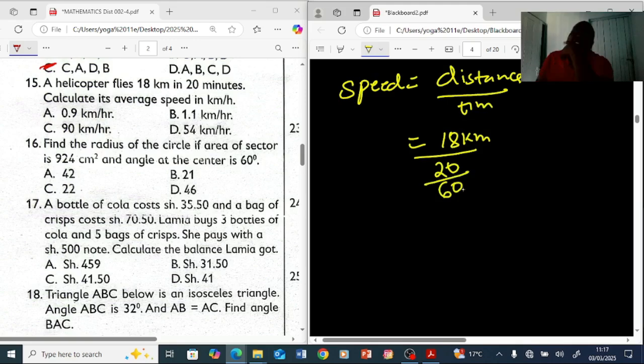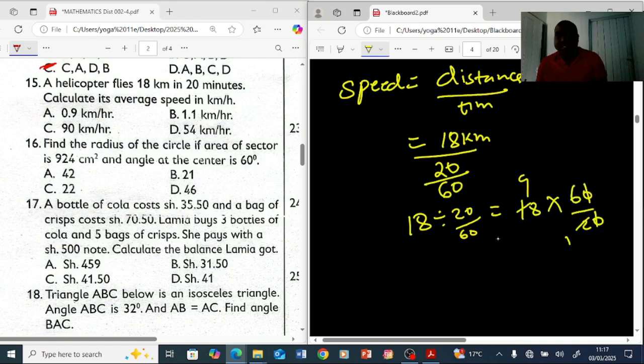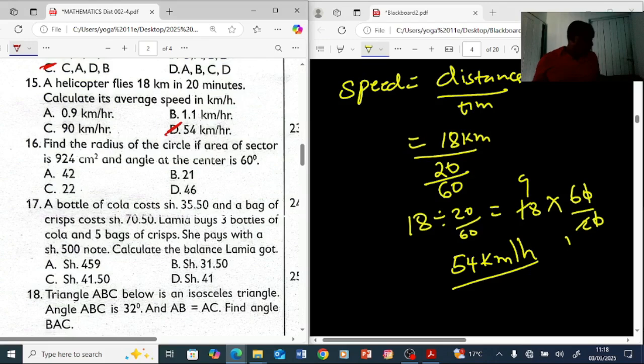So this one is 18 divided by 20 over 60. This is the same as 18 times 60 over 20. 9 times 6 is 54 kilometers per hour. Number 15, our correct answer is D.